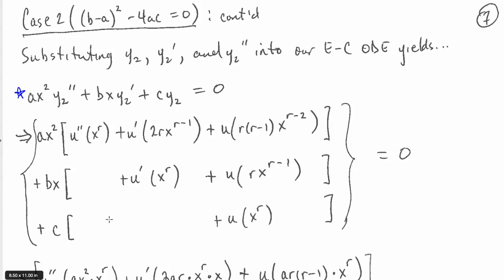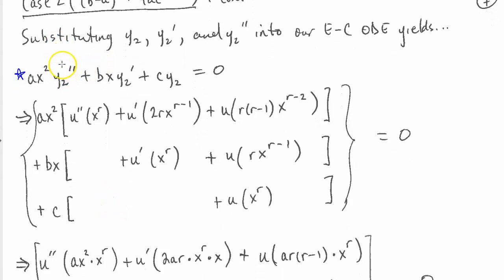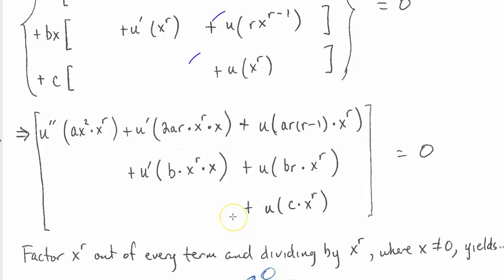So we're leveraging what we've learned before to be able to move forward now. So we dump all this information, what is y sub 2 double prime, y sub 2 prime, y sub 2, into our corresponding ODE. And then, of course, we're going to do some rearranging here.